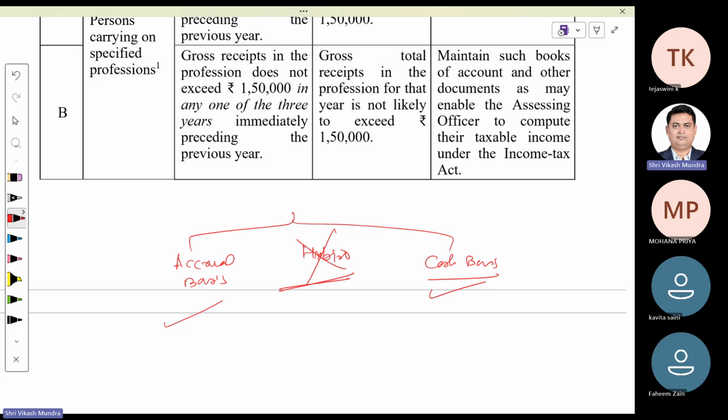The profit would be same as per accrual basis or profit would be same as per cash basis? Can I say the profit computed by us by following cash basis of accounting or by following accrual basis of accounting would be the same, or it would be different? What is your take?